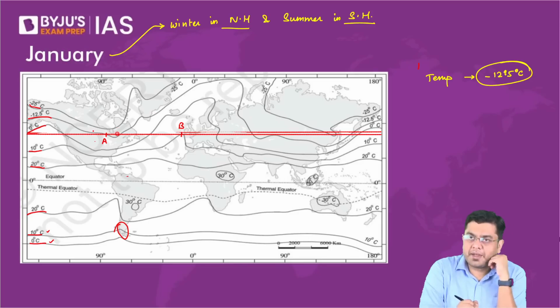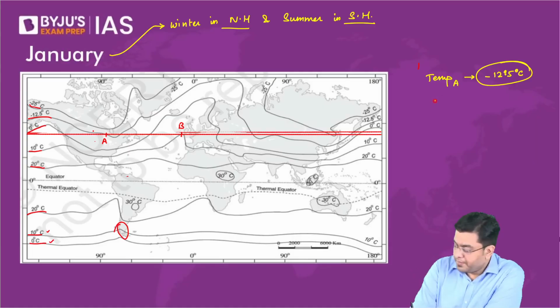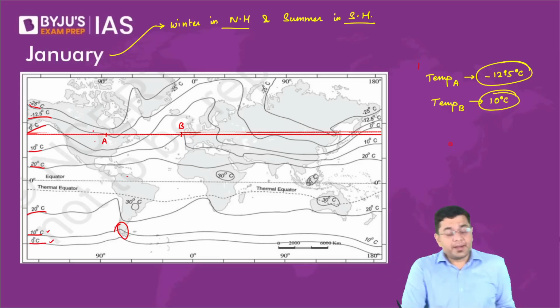So the temperature will be minus 12.5. What about the temperature at B? It is 10 degrees Celsius, isn't it?